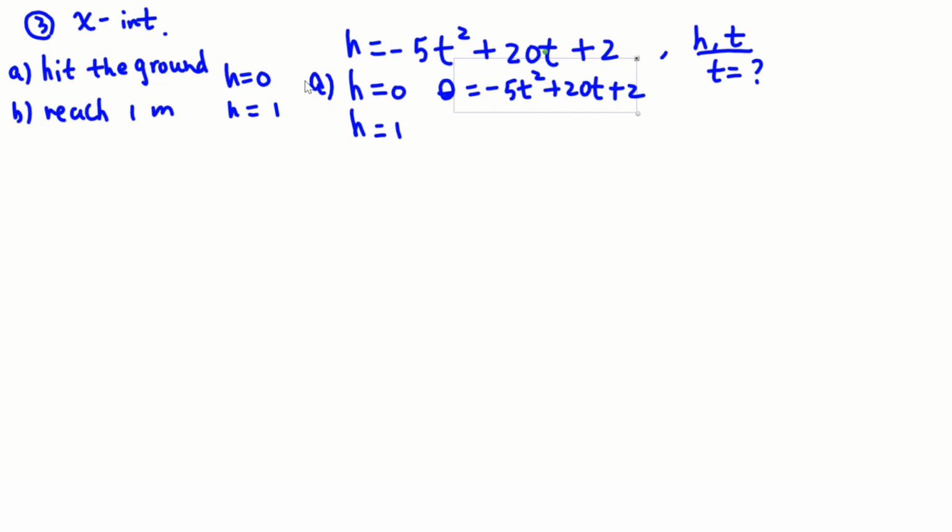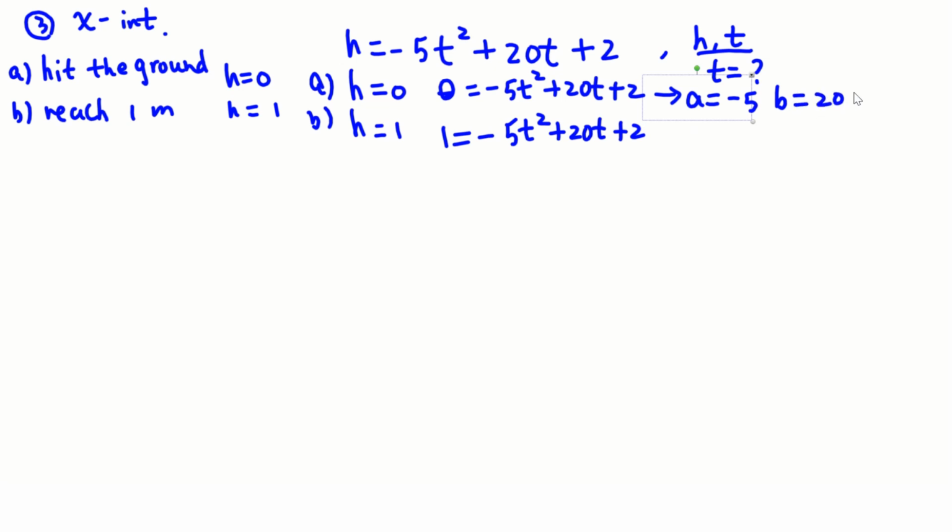And for the second type of question, you sub in y equals negative 5t squared plus 20t plus 2. So for the first question, it's just a equals negative 5, b equals 20, c equals 2. Then you can use the quadratic formula for this one.